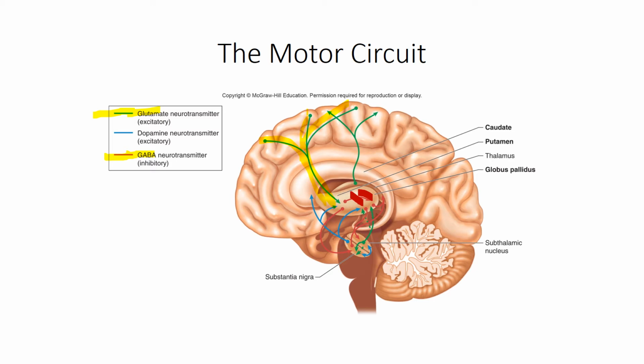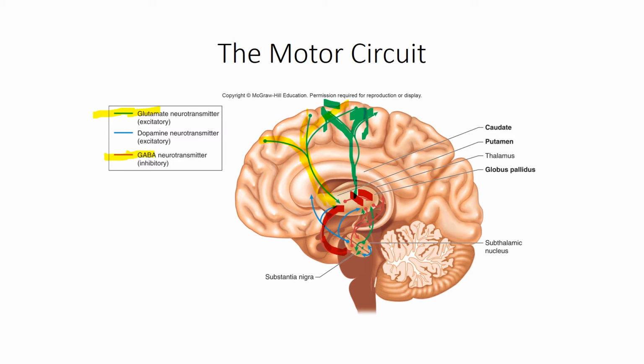And then the globus pallidus sends GABA, again an inhibitory neurotransmitter, to the thalamus, which then sends excitatory axons to the motor cortex of the cerebrum. So then that information is going to be excitatory. It's kind of like this circle of exciting and inhibiting certain responses so that we can devote only a limited amount of energy into exciting the motor neurons that need to be activated.